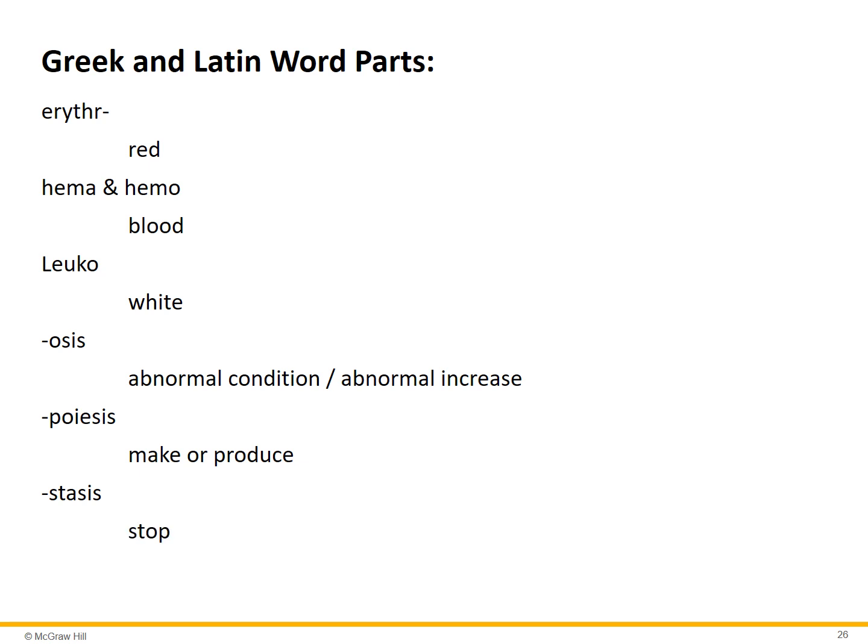Stasis we did before, like hemostasis and metastasis, means stop or standing still. So metastasis, remember meta meant beyond, so beyond standing still. Thromb means clot.